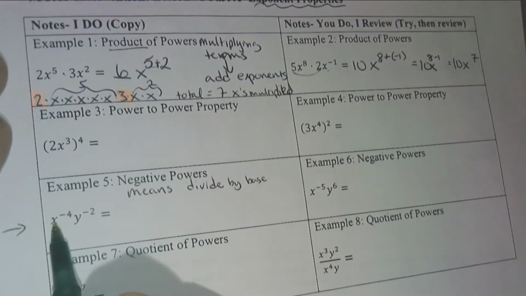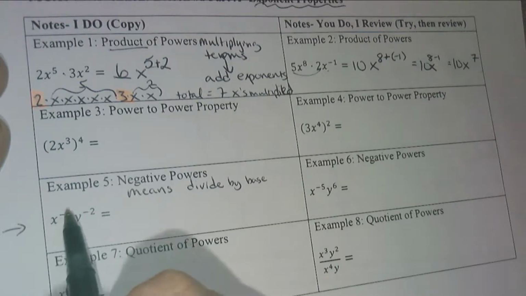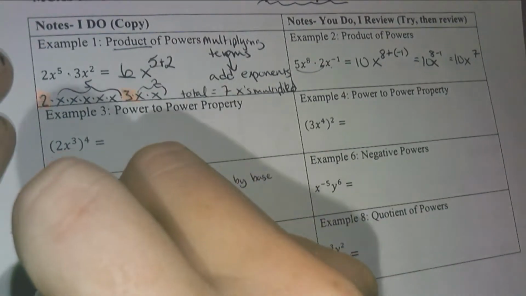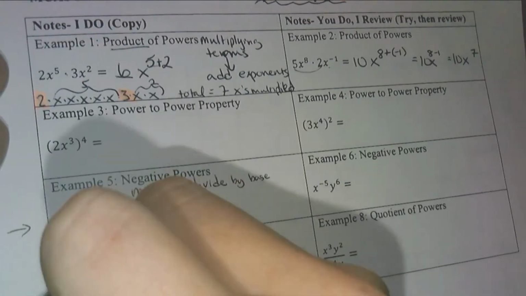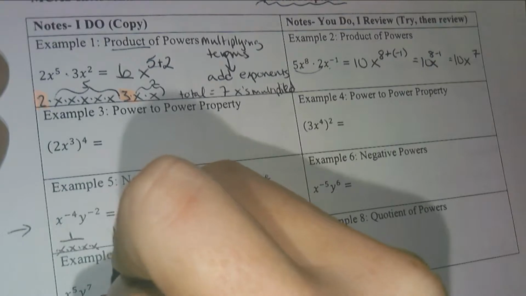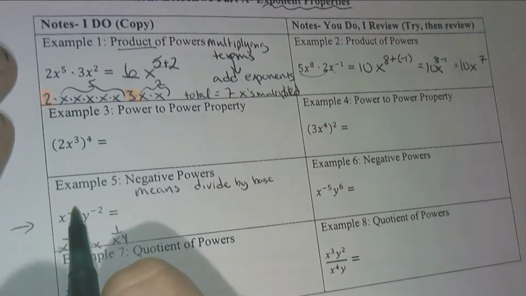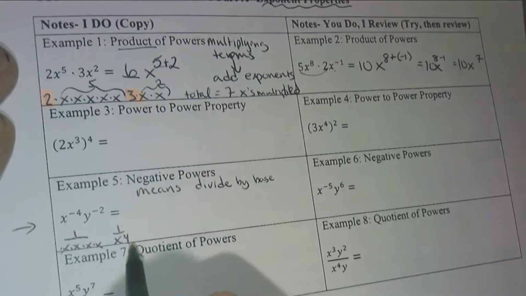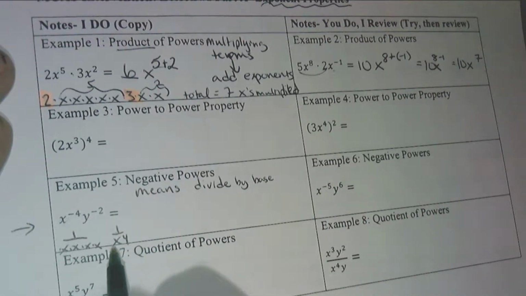So instead of having x times x times x times x, or 4 x's multiplied, we want to have 4 x's divided. So the way we convert that is rewrite it as 1 over x times x times x times x, or 1 divided by x to the 4th. Whenever we see a negative exponent, it means instead of multiplying, divide that many times. So just write it as 1 over x to the 4th.